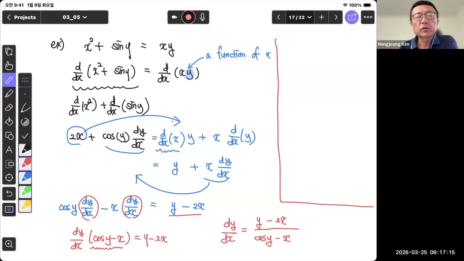So if I give you an additional question, what if I consider point P with coordinates 0 and pi.